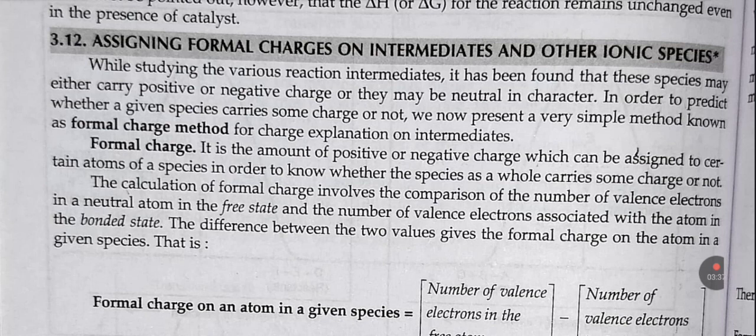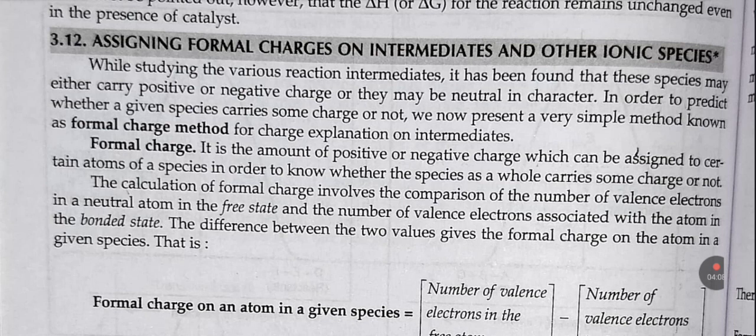In order to predict whether a given species carries some charge or not, we now present a very simple method known as the formal charge method. Formal charge is the amount of positive or negative charge which can be assigned to certain atoms of a species in order to know whether the species as a whole carries some charge or not.